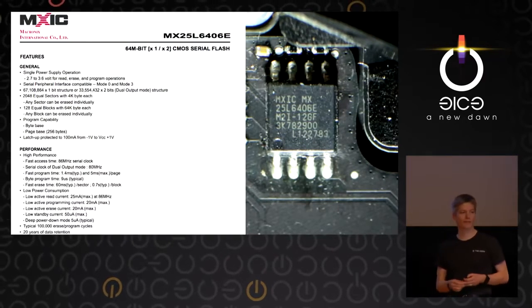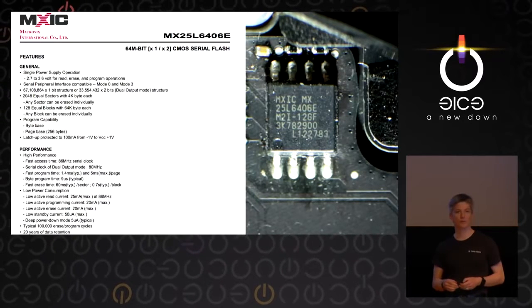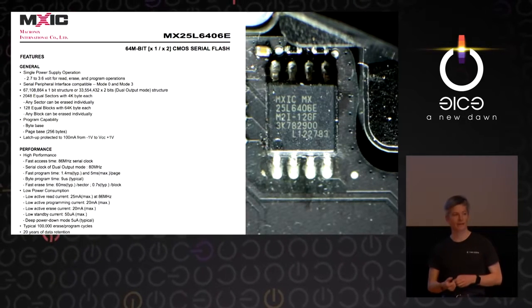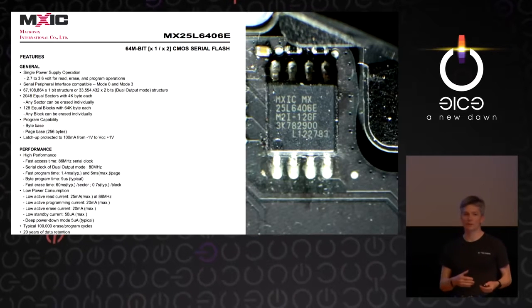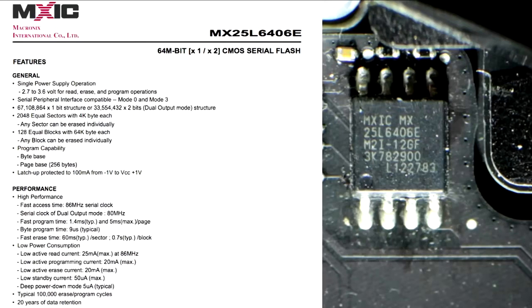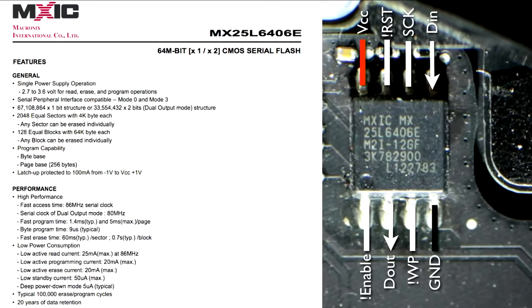And we can look up the data sheet. It's a 64 megabit, 8 megabyte serial flash. And we call it a boot ROM, but it's really an EEPROM with flash memory in it. SPI means that it has data in, data out, and external clock that's controlled by external hardware.